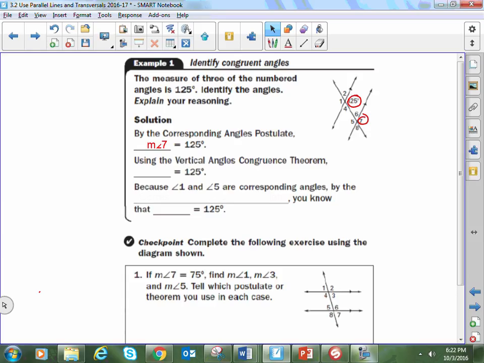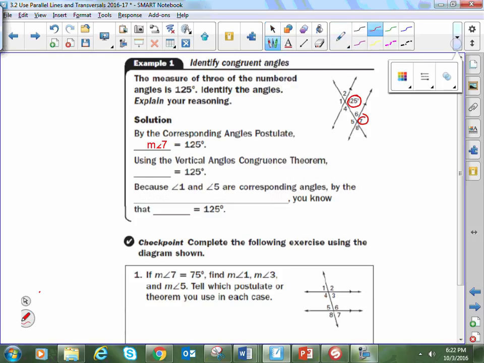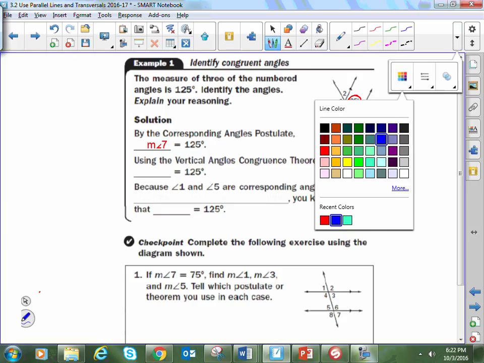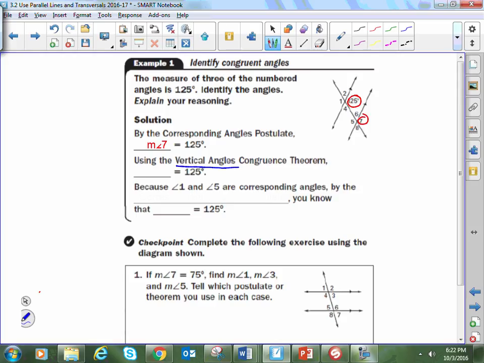Well, looking at vertical angles, and let me pick a different color here for vertical angles. Remember, vertical angles are always congruent. So angle 1 is considered a vertical angle to the 125 degrees, so that also has to be one of our 125 degree angles.